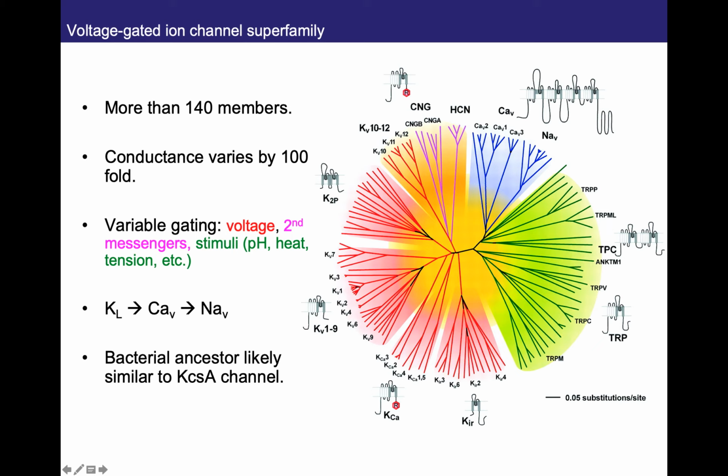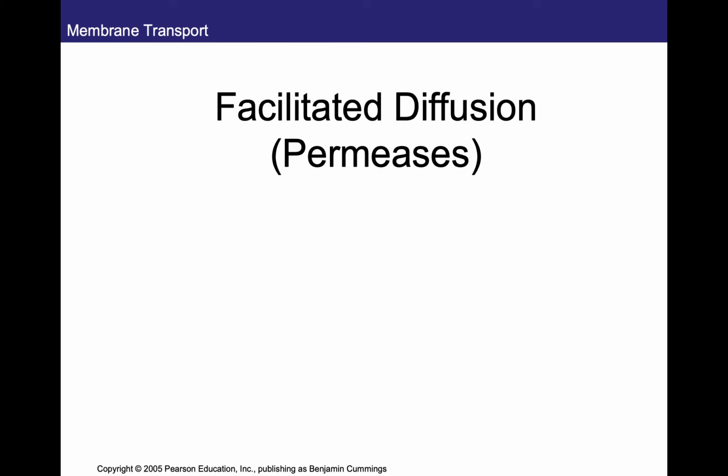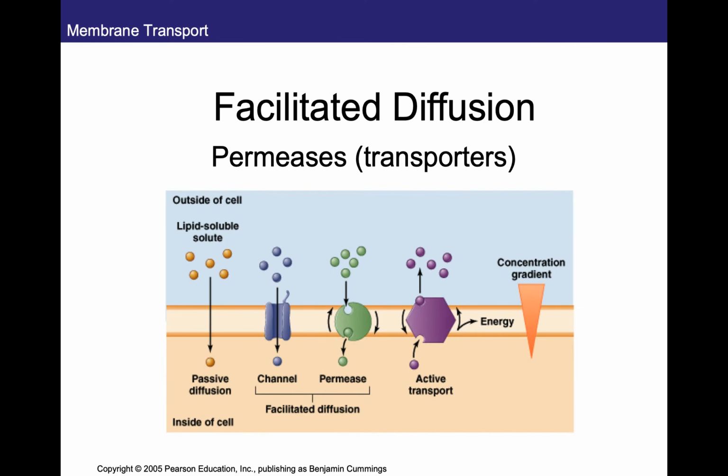Also here, the permeases. Let's just finish this up with the permease. We've concluded the ion channels. Permeases actually have a turnover rate. A perfect example of this is a glucose transporter. Glucose binds to the transporter, conformational change, and then it delivers the glucose inside the cell.